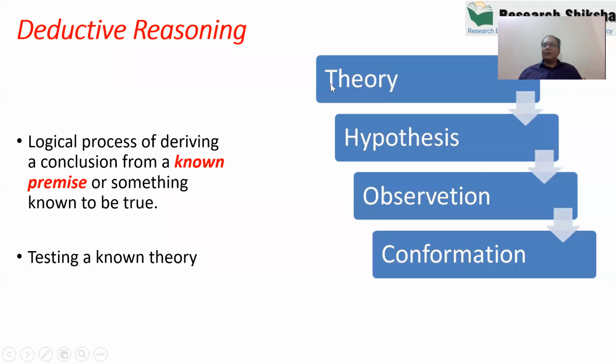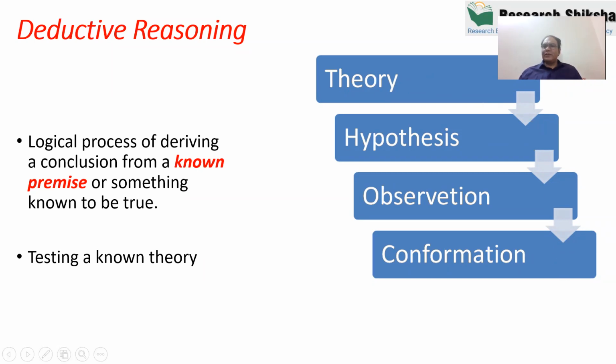And you start your study assuming this theory. So when the research problem is solved on the basis of hypothesis testing with the help of a theory, then this approach is known as deductive reasoning. So you study the theory, make the hypothesis, find out the observation, examine the hypothesis, and confirm the theory.